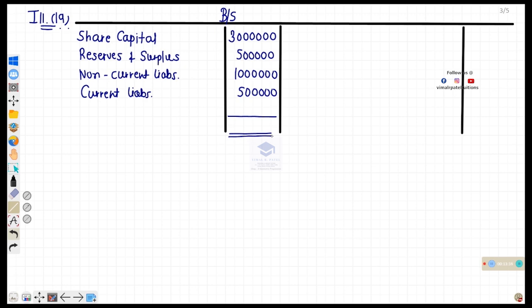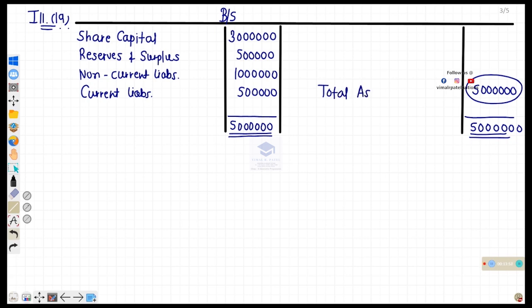So total of liability side is 50 lakhs. So same will be the total of asset side in balance sheet, as we know. This is your total assets.